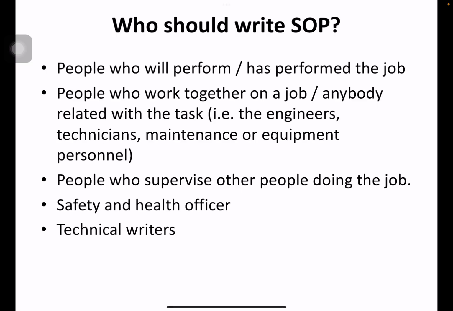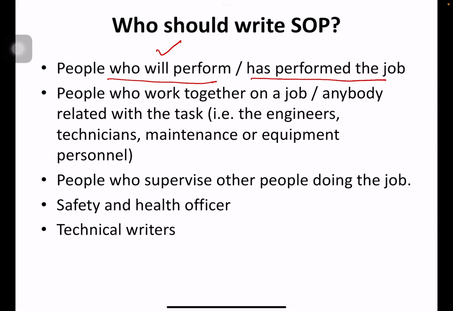So who should write SOP? People who will perform or people who have performed the job. Let's say you are working with company A and there is no standard operating procedure yet for the production line. You will be performing the task, and since there is no SOP yet, you will create it.